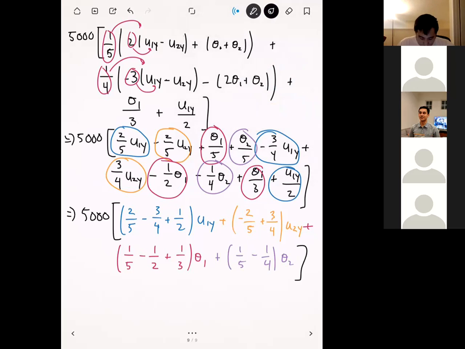All right. And then from here, we're just going to simply add up all these together. So we still have 5,000 out in front.